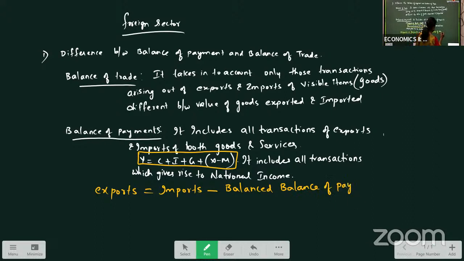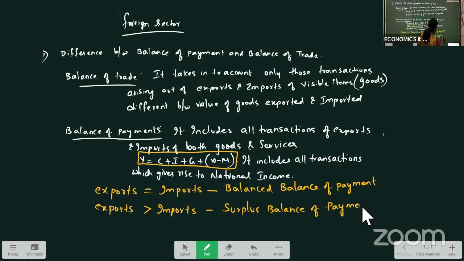You have to write these points in the introduction. When exports are greater than imports, that is, when exports are high and imports are less, we have a surplus balance of payment. Surplus means our export values are greater than import values.